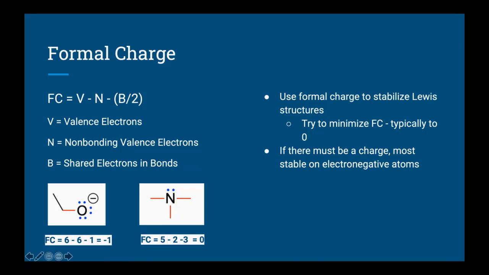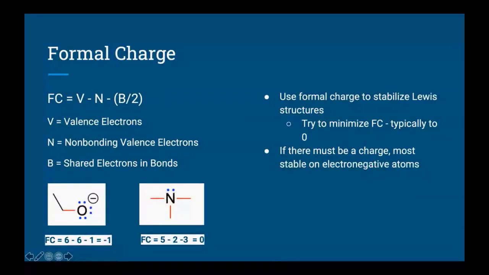I subtract my non-bonding valence electrons, which I can just count as those electrons in the lone pairs. And then I like to just count bonds. When you count bonds, each bond is equal to 1/2 of 2 shared electrons, because they represent 2 electrons. So you can look at the examples we have here too.